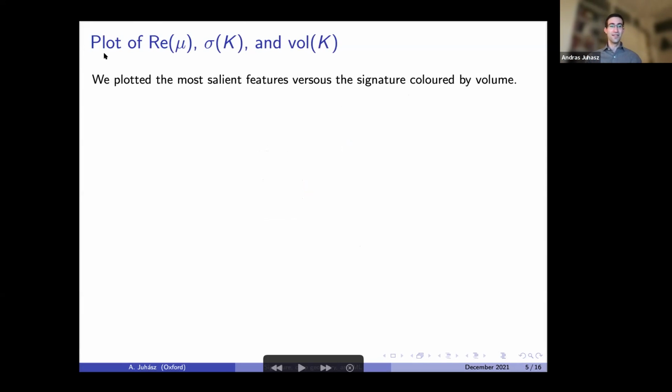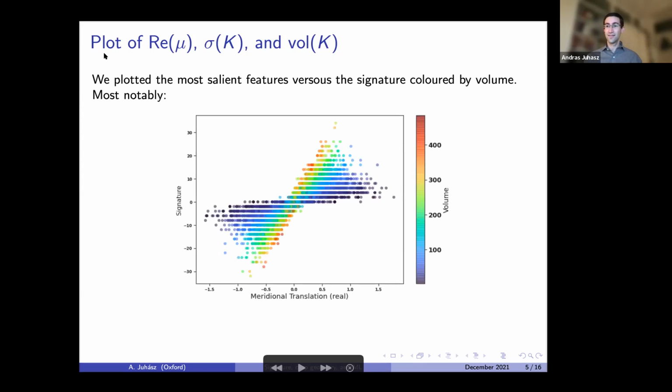So then we plotted the most salient features versus the signature and colored by the volume. And we got this rather curious plot. We use volume here, but you could also take crossing number. They are sort of equivalent. And as you can see, there is some nonlinear relationship between the real part of the meridional translation, the signature, and the volume.